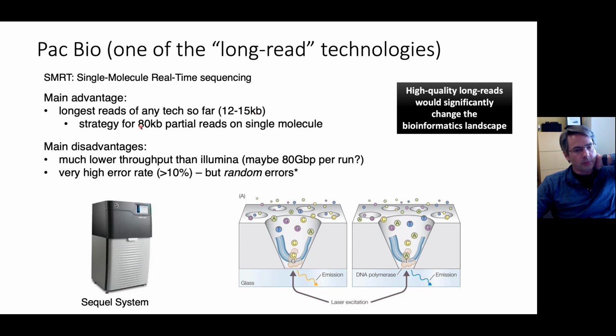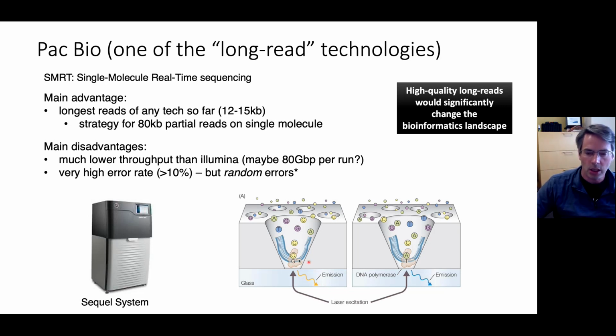And there are two strategies for this. One is continuous read. So you'll see CLR, PacBio sequencing, continuous long read. And then there's also an interrupted sequencing where they turn the laser off, because again, the laser is degrading the polymerase along the way.